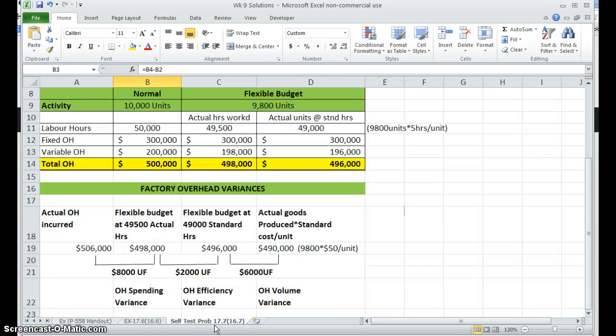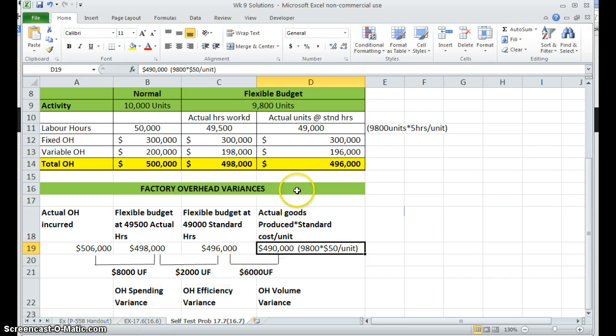The self-test problem 16.7, it's given on line number 3. The standard factory overhead cost is as follows: 5 direct labor hours at $10 per hour is $50 per unit. So these numbers have to be somehow worked out or inferred.